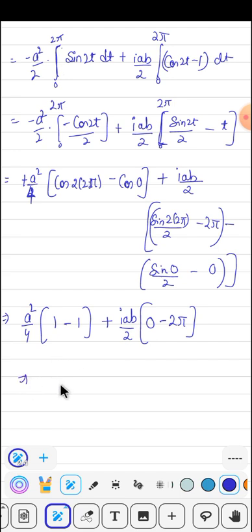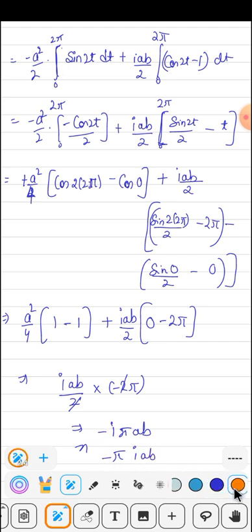So what I get at the last is i a b upon 2 multiplied by minus 2 pi. 2 cancels out with 2, I am left with the answer minus pi i a b. So our right answer is minus pi i a b.